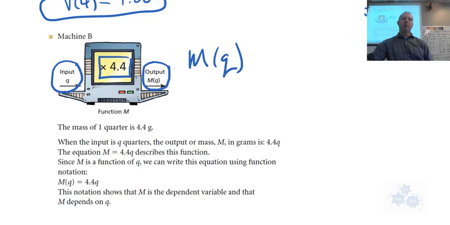And M would represent something that would be reasonable for the letter. So in this case, it was mass. The V was what? Value, right? So M would be mass. And it's the mass when you put a certain number of quarters in the machine. So M of Q in function notation is equal to 4.4 Q. For every quarter you have, you multiply it by 4.4 to get the mass.